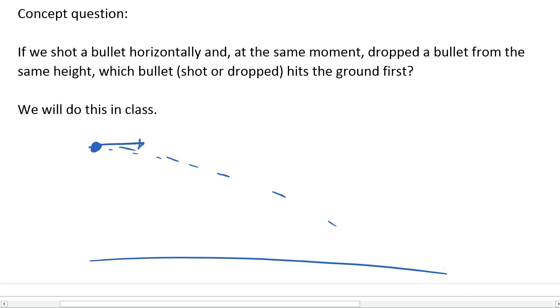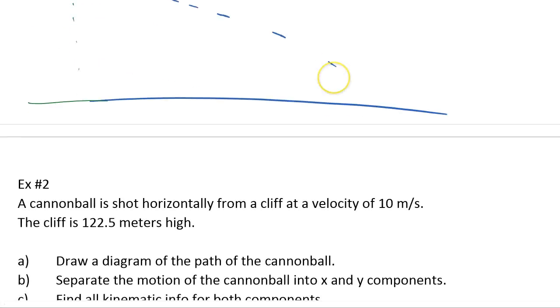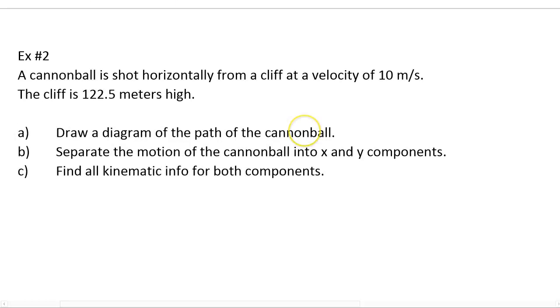Okay. Now my other one is just dropped. It has no horizontal motion, so it's going to fall this way. Which one hits the ground first is the question. We will do this in class not with an actual bullet, but with a bullet-like object. Don't worry, no actual students will be harmed in this demonstration.